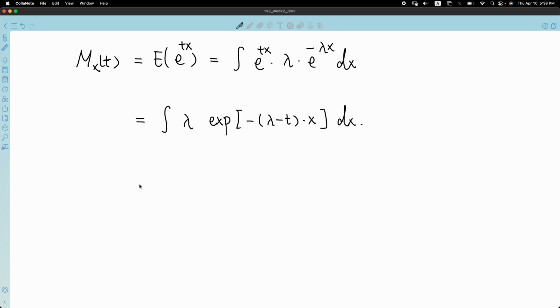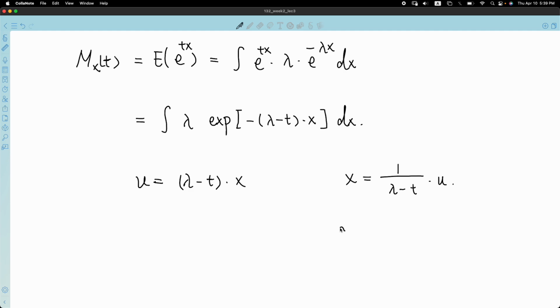So here I'm going to set u equal to the thing inside the square bracket, particularly lambda minus t multiplied by x. Okay, so if I replace the thing inside the square bracket with u, then I can also write x is equal to 1 over lambda minus t multiplied by u.